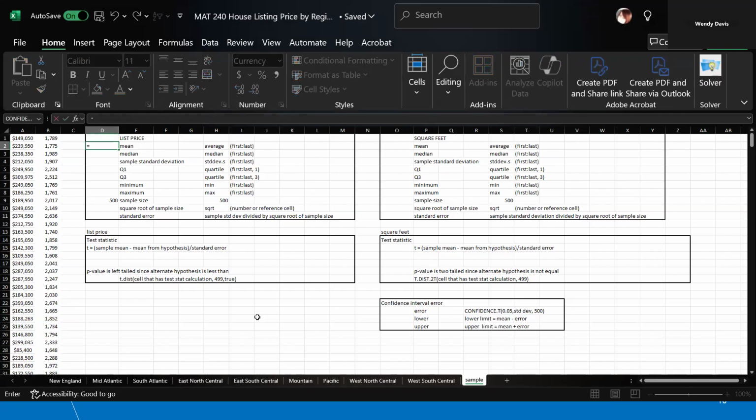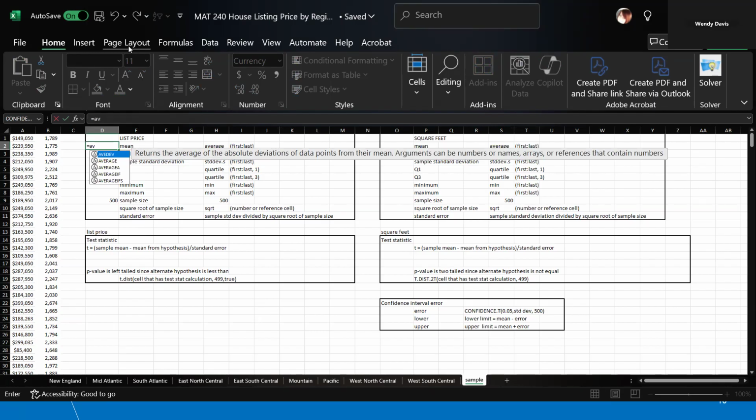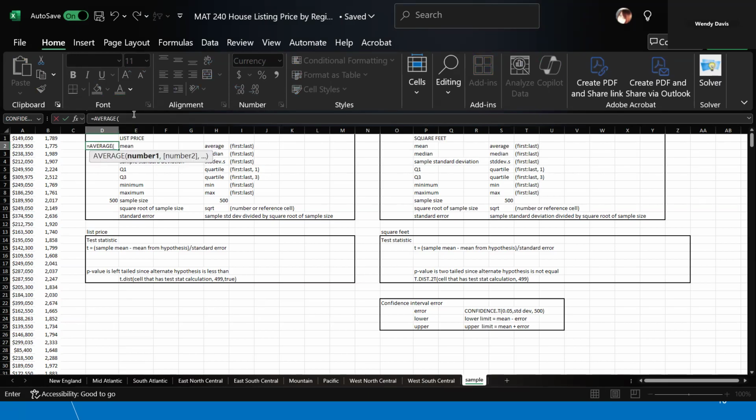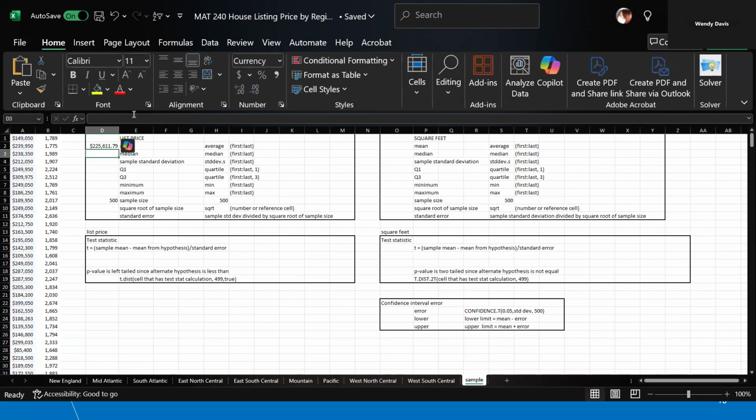Now I like to just start typing to do a formula, equals. Not average deviation, we want average. Now we can highlight, or you can just do this. My numbers start in A1. You have to use a colon to make sure it does all of them: A1 colon A500, because that's where my list price is.